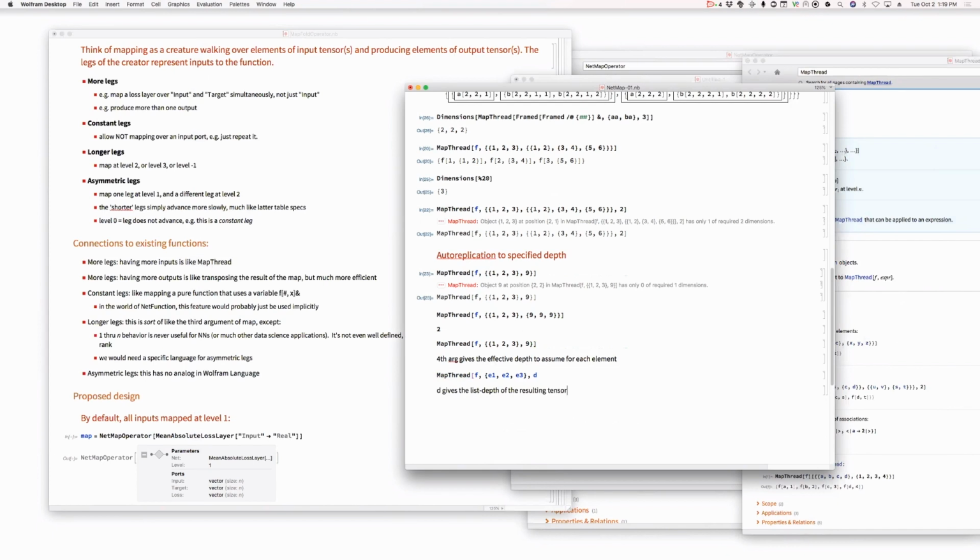And by default, this here gives, let's just call them D1, D2, D3. So Di are the effective list depths to assume for the Ei, right?